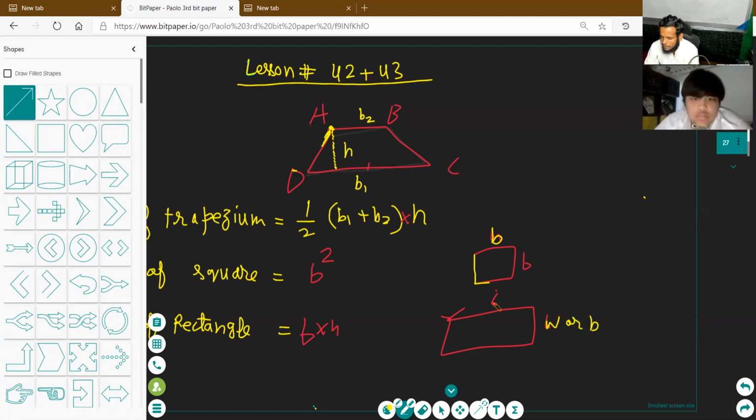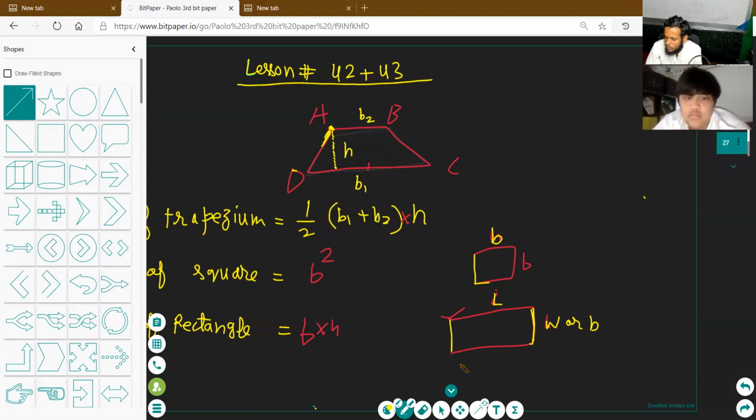Okay, clear? This is length. And write the formula. Draw the rectangle, correct? Opposite two sides are parallel. Their angle is 90 degrees.